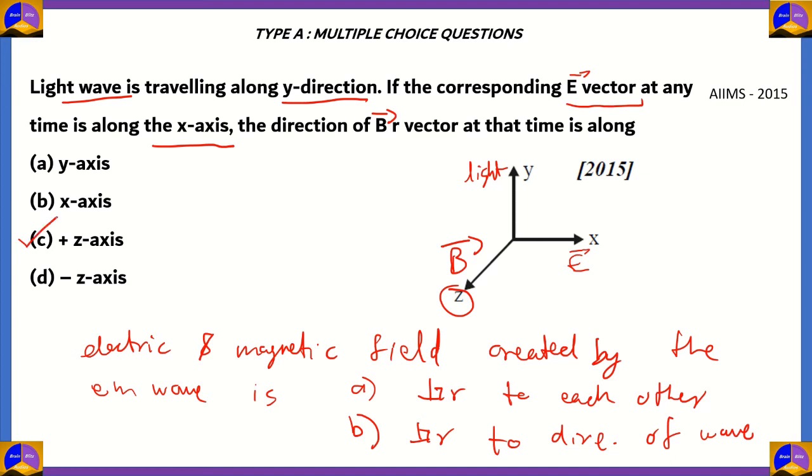So option C, plus z-axis, is the right option. It's going along positive x, and it's going along positive y. So therefore, the resultant should go along positive z, in order for it to make an electromagnetic wave. So option C, plus z-axis, is the right option.